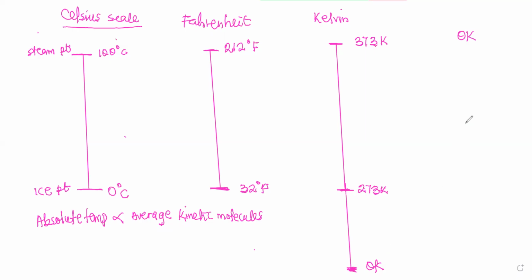When a body's temperature gets to 0 K, we have zero kinetic energy of the molecules. So if zero kinetic energy, then it means that at this particular value of 0 K, we cannot record temperature because there is no kinetic energy of the molecules.